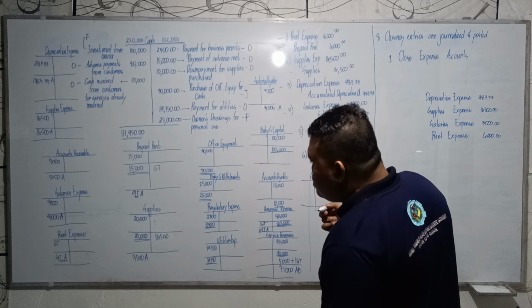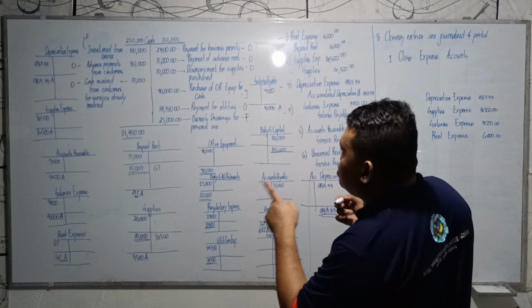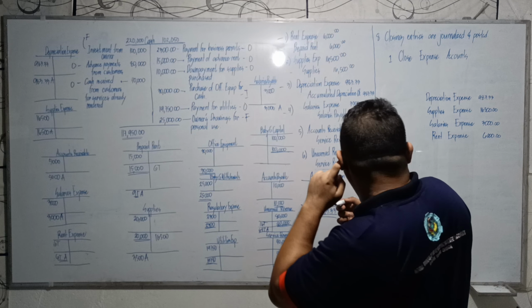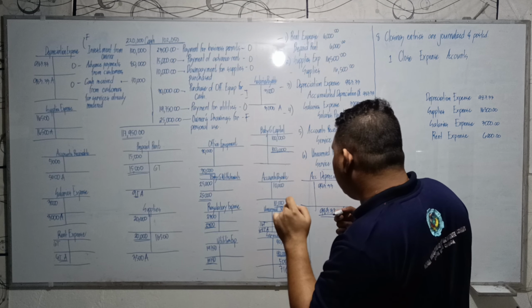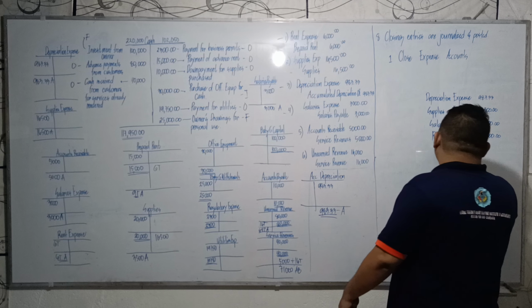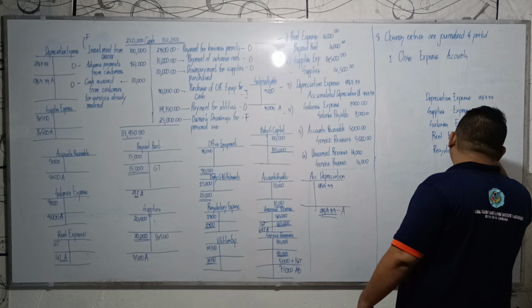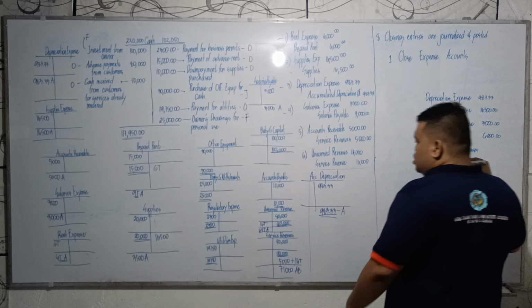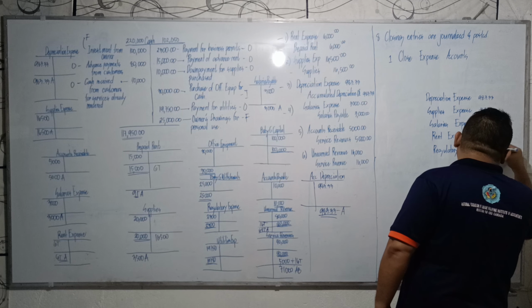Aside from depreciation, supplies, salaries, and rent, do we have any other expenses? We have, right? We have regulatory expenses, which is 2,300.